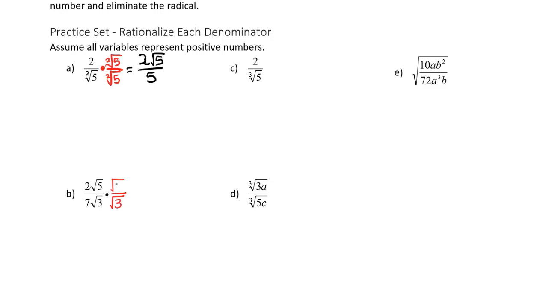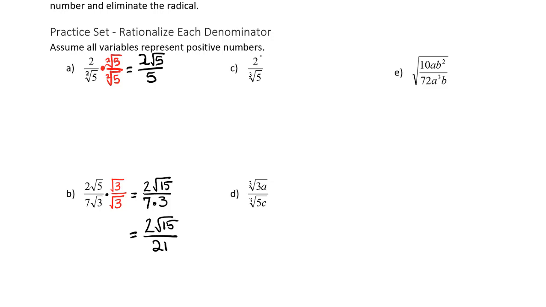So root 3 over root 3 will give us that thing we need. 2 root 15 over 7 times 3. Now, this is kind of sloppy. We're not quite there, but we got rid of the radical. So now it's just a process of rewriting it. 2 root 15 over 21.